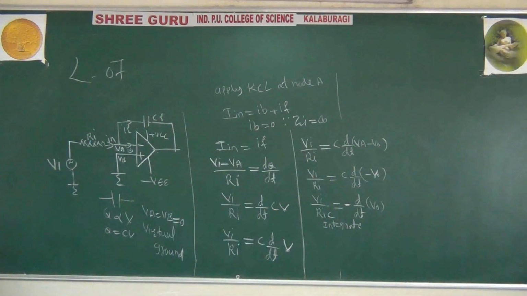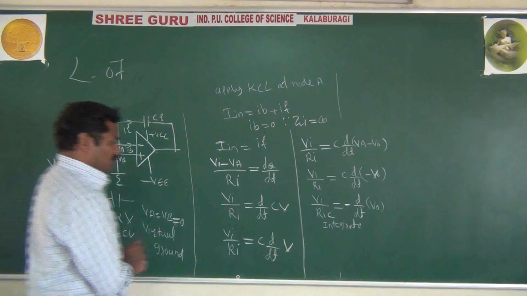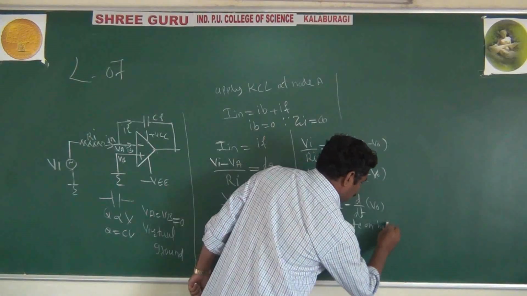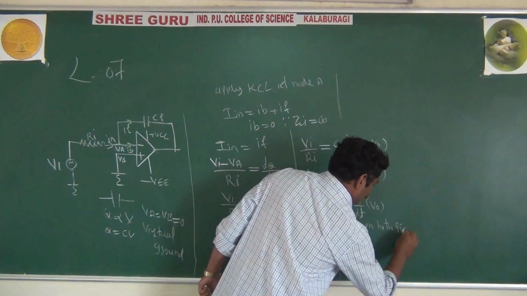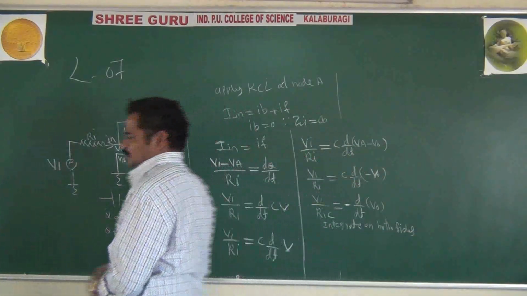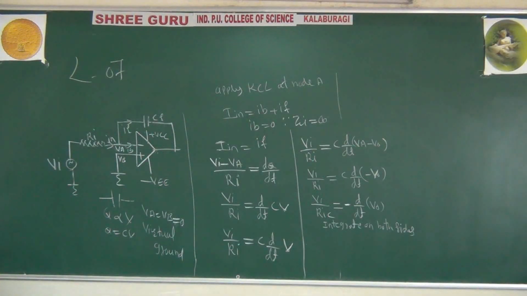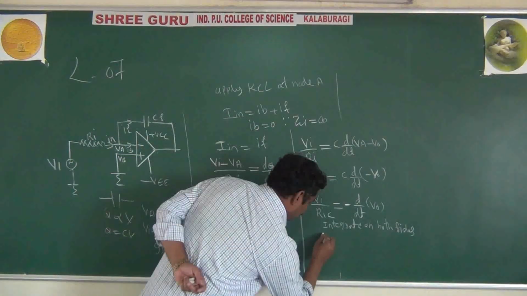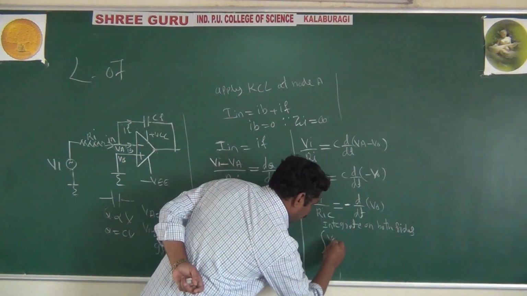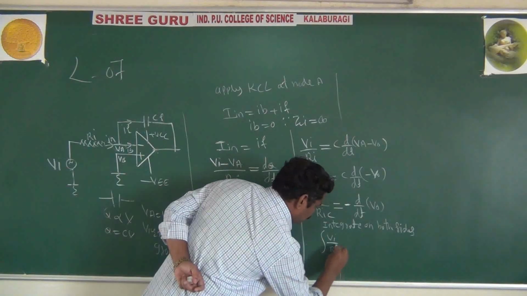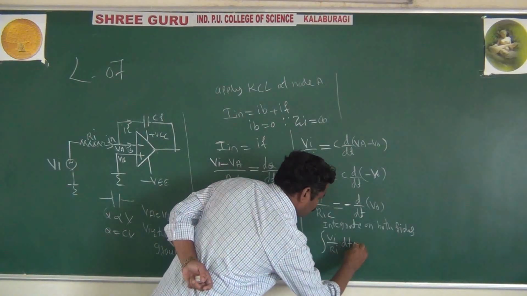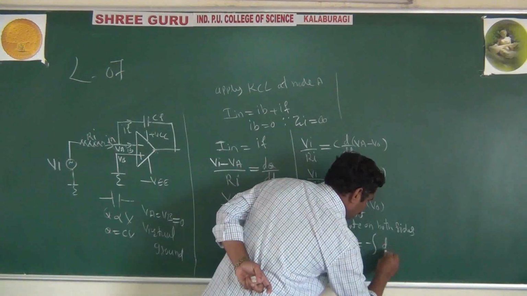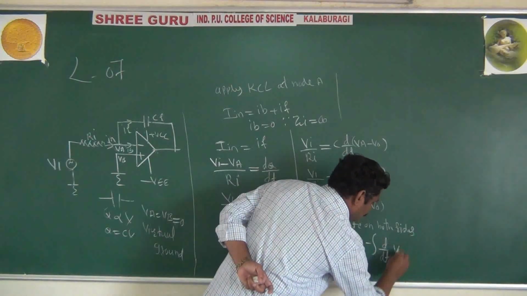That becomes the integral of Vi by RiC dt equals the integration of minus d by dt of V naught.